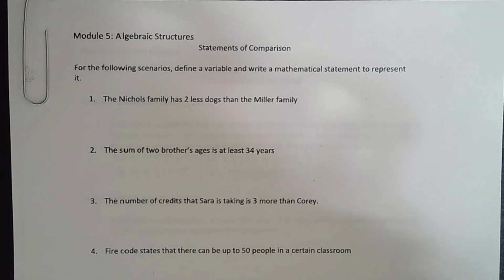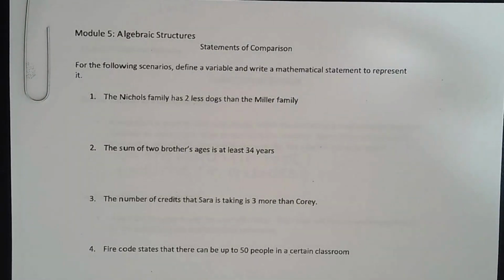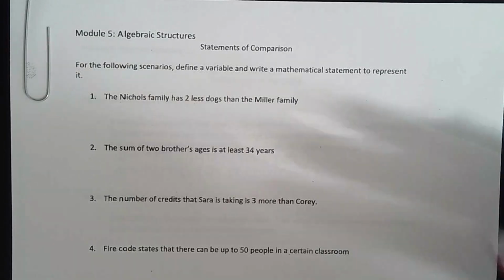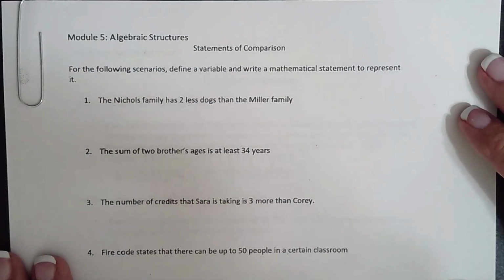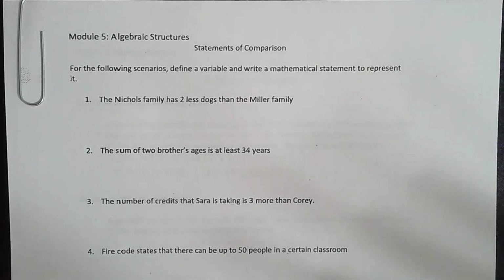So this one is practicing variables again. We define a variable and then write a mathematical statement to represent it like we did before. M equals the number of dogs for the Miller's family or whatever. So I'm going to show you some good tricks though that help, because a lot of students think writing the variable statement's nothing. It's the key to the problem. Because once you write your 1 or 2 variable statements, then it's going to say the sum of their dogs is 54.